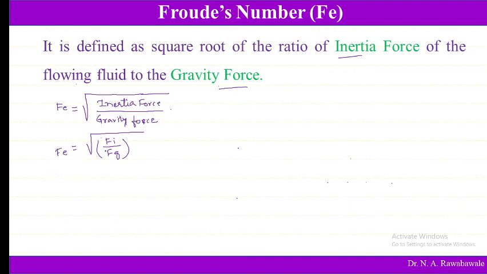We call this equation number 37. From equation number 1, Fi is equal to rho a v square, that we have already obtained. So now we will go for Fg. What is Fg?